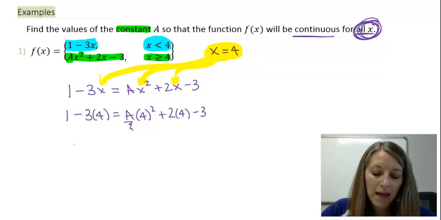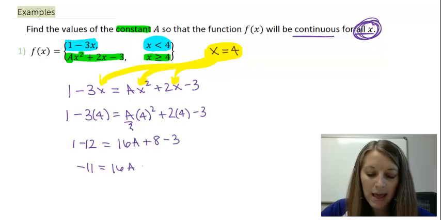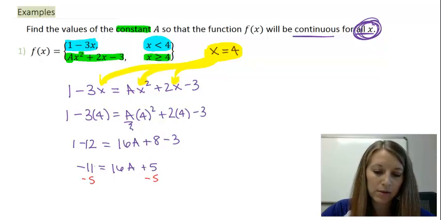So on the left, I have 1 minus 12, or negative 11. On the right, I have 16a plus 8 minus 3, or 16a plus 5. To isolate my a value, I subtract 5 from both sides.